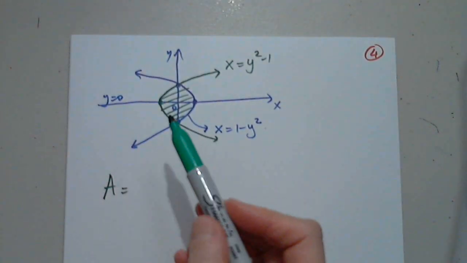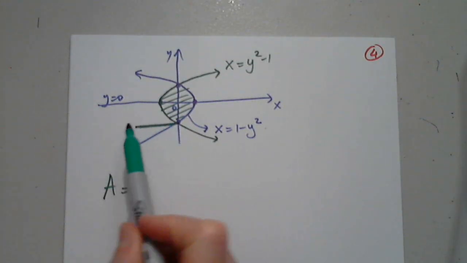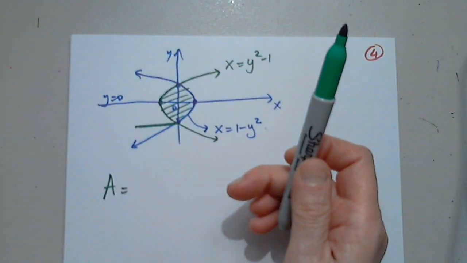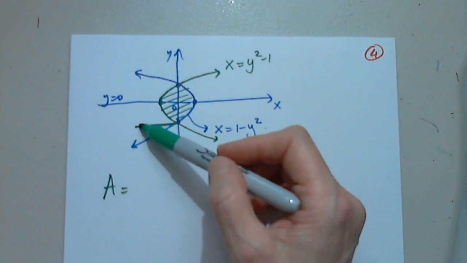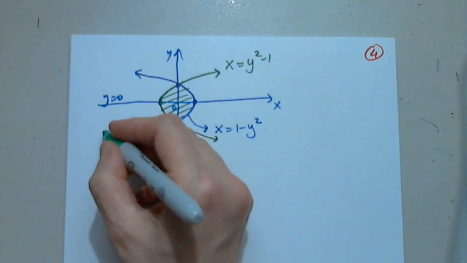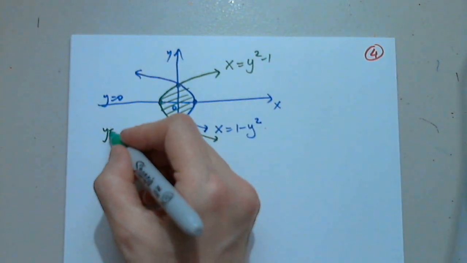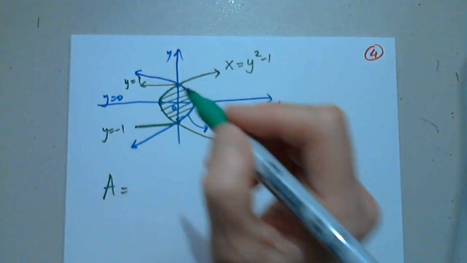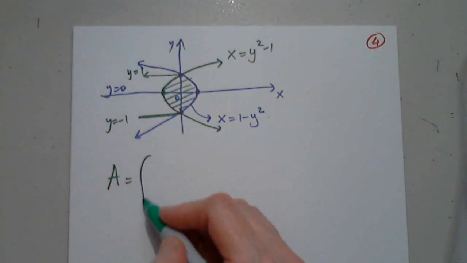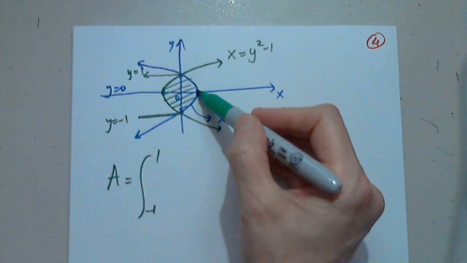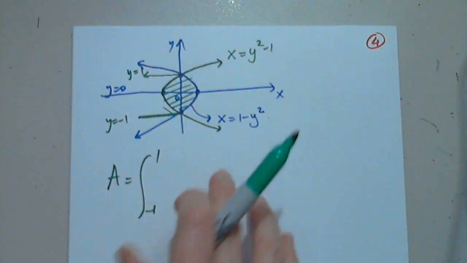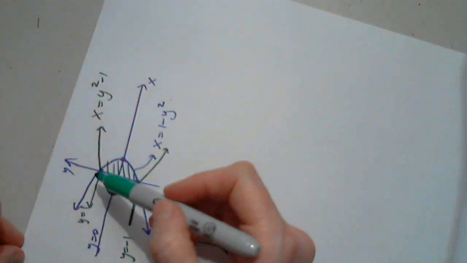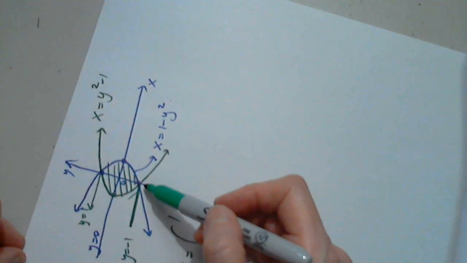So the area, of course, because we are going to integrate with respect to y, goes from the low value, which is y equals -1, to the high value, which is y equals 1, from right minus left, or if you want, above minus below.